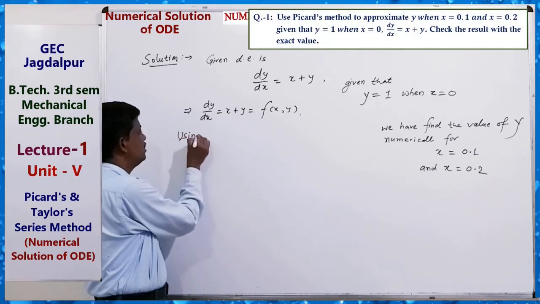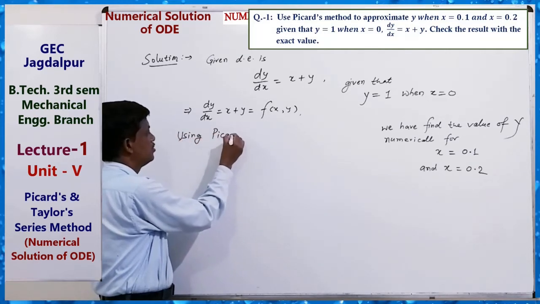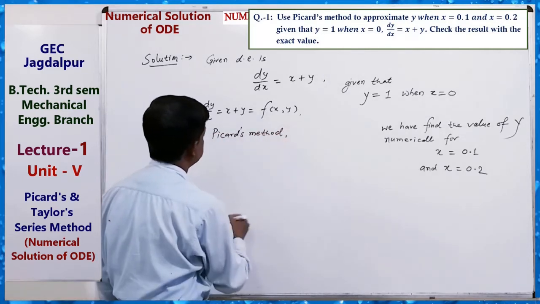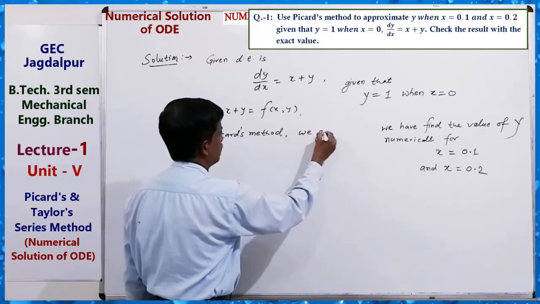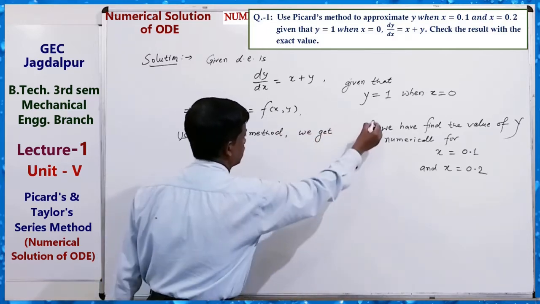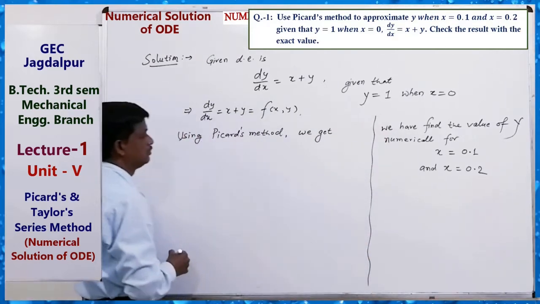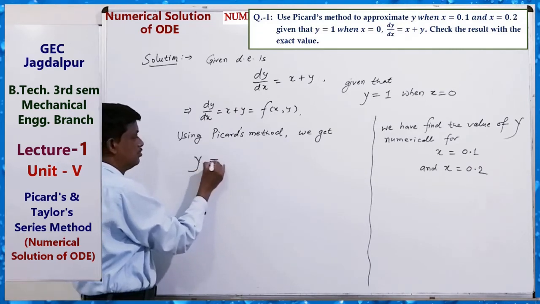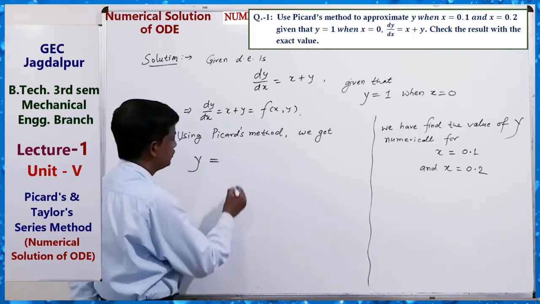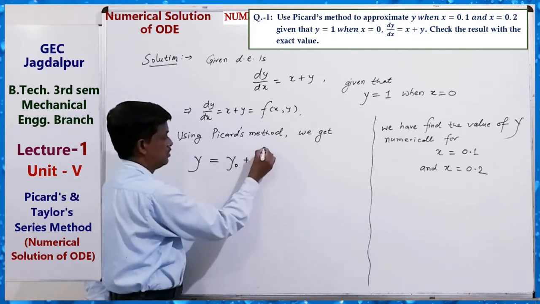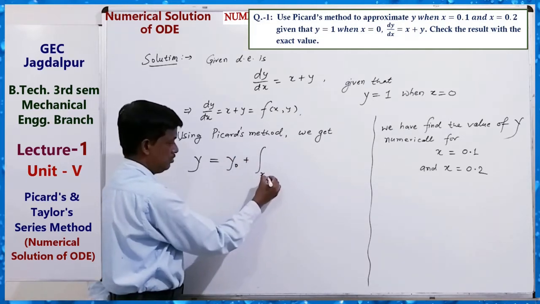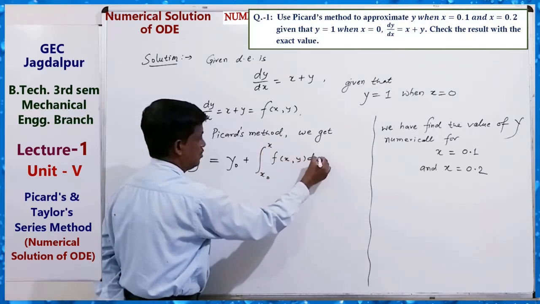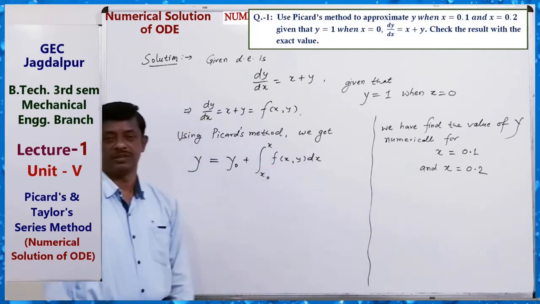Using Picard's method, we get y equals y0 plus the integral from x0 to x of f(x, y) dx. This is our formula by Picard's method.